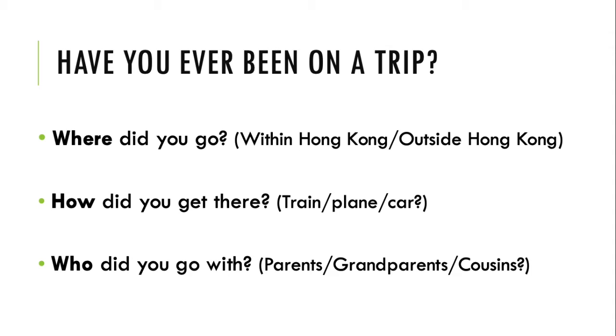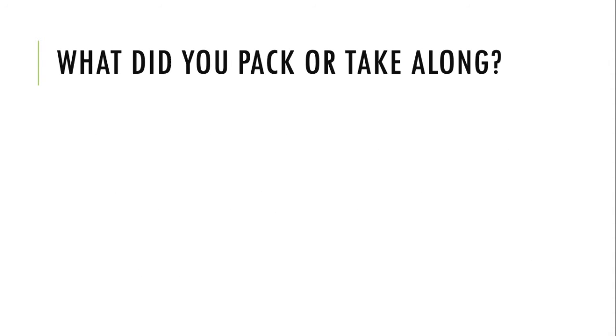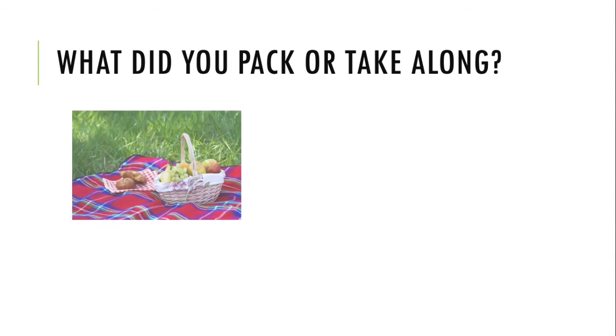Now, let's look at another important question. When we go on a trip, what should we pack with us? What do you think we need to take along? On your screen, you can now see a picture. What is this a picture of? Where do you think we might need to bring this? Can you tell me? This, in fact, is a picnic basket.